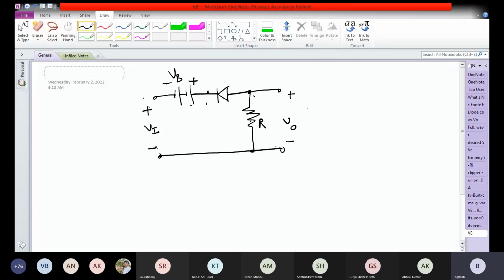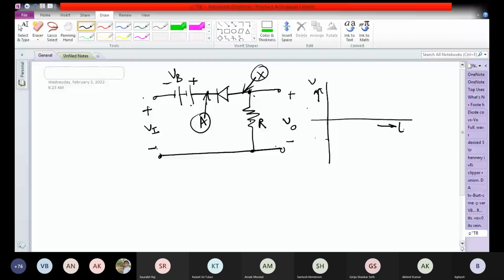So again, this is the point X. Draw the input waveform. Mark the voltage at point A, which is VI plus VB.